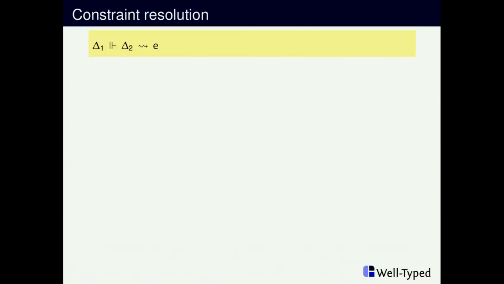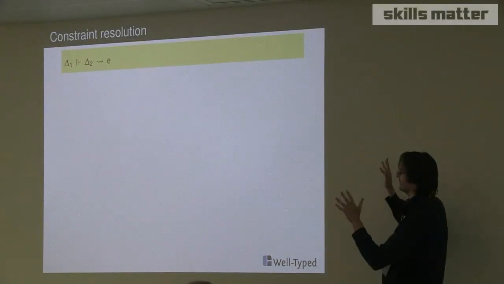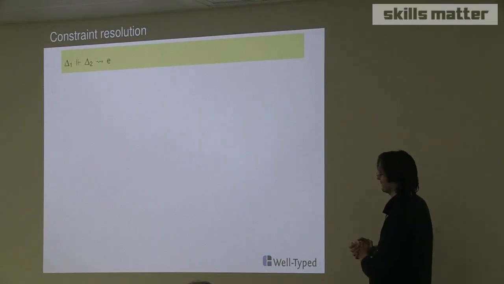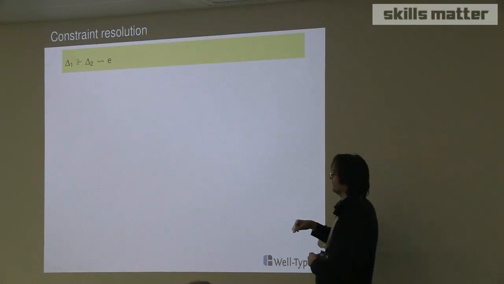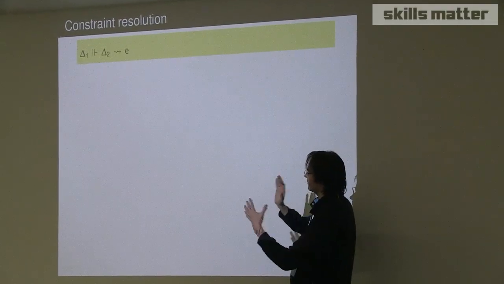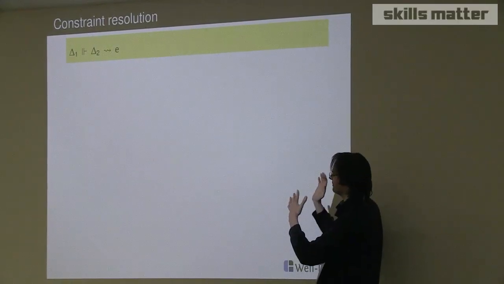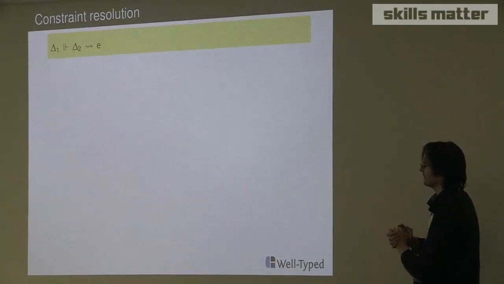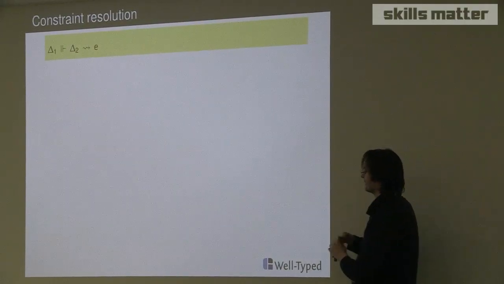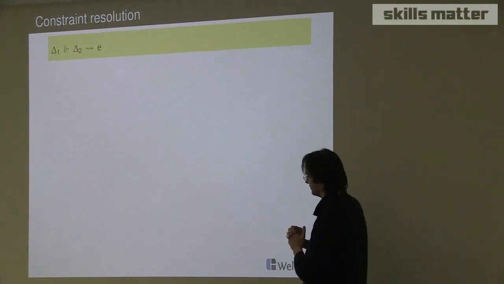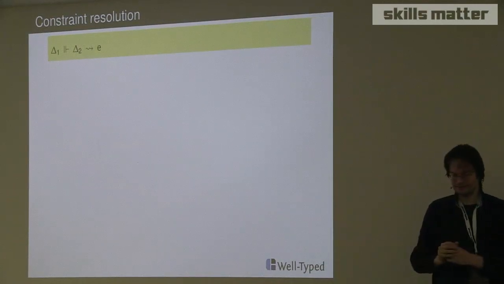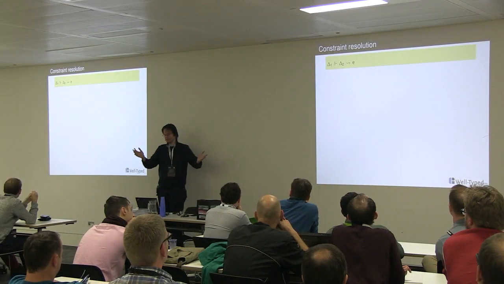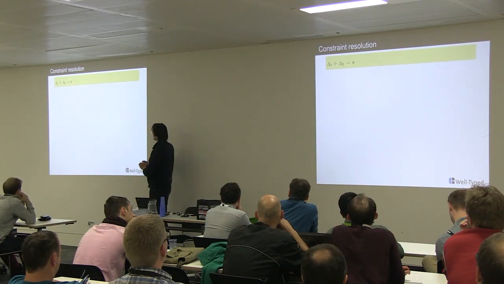Okay. So the core of the type inference is this constraint resolution statement, and that's the only theoretical thing that I'm going to mention here. So basically, if you have 2 sets of class constraints, one being summarized as delta 1 and one being summarized as delta 2, you have this strange thing which is usually pronounced entails, and you can say, with this knowledge, I can infer that knowledge.